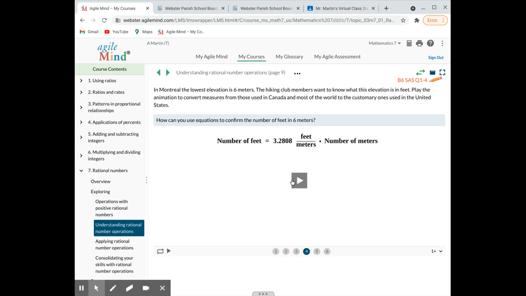So this says the number of feet equals 3.2808 feet divided by meters times the number of meters. That is a lot. All right. So it says, how could you use equations to confirm the number of feet in 6 meters?